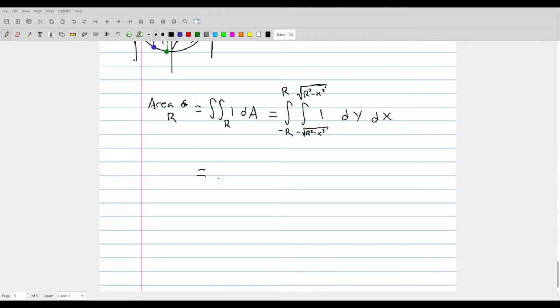And this is why Fubini's theorem, which we'll talk about next lecture, is simple to state for rectangular regions, but sometimes can be very difficult for non-rectangular regions. So negative r to r, the antiderivative of 1 is just the function y. We have to evaluate this at the upper bound and the lower bound.